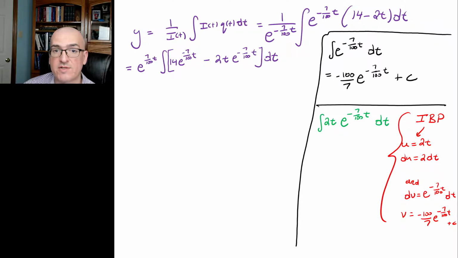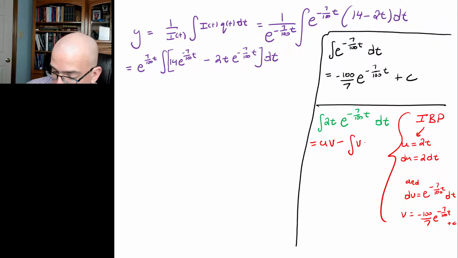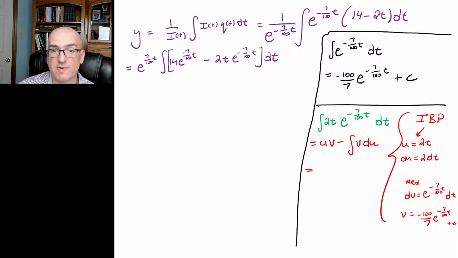Now, this is a nasty question, no doubt about it. Every piece of this was nasty. uv minus the integral of v du. But we've been using all the tools that we've learned, and this is a pretty realistic finance problem.